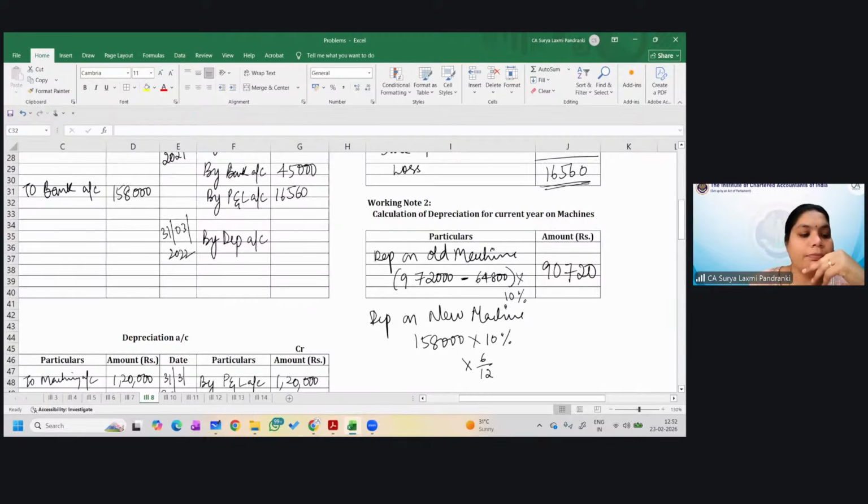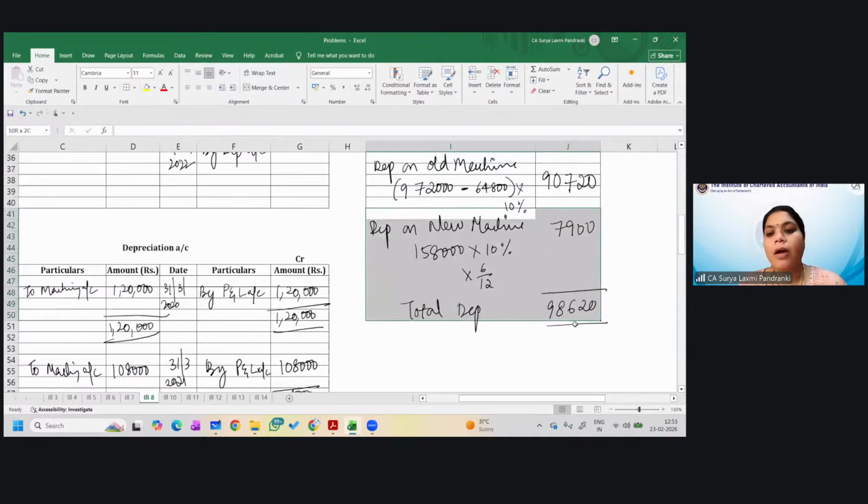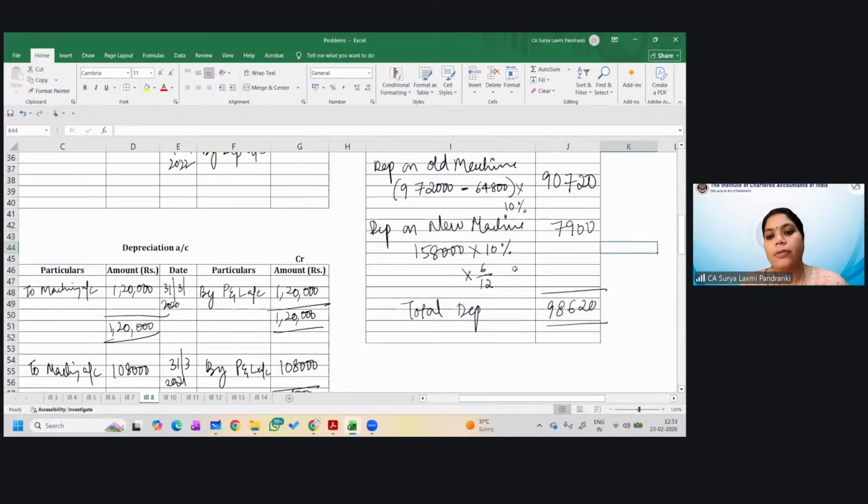What is the depreciation? 7,900. Okay. So what is the total depreciation? 98,620. Okay. Is this clear, everyone? How new and old machine's depreciations we have calculated? Old machine and new machine.